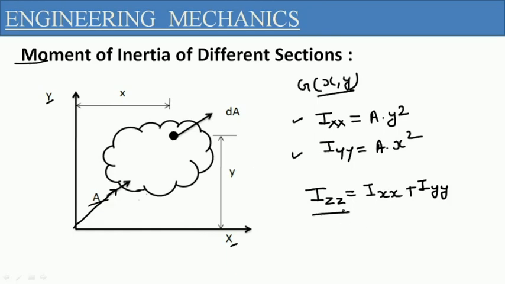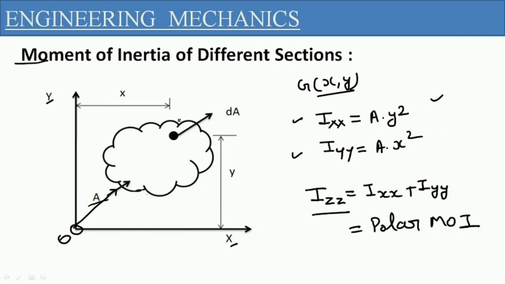So this third axis we are considering the zz axis, and it should pass through the origin where the x-axis and y-axis are passing. So the intersection point of all three axes should be the same origin point. So this Izz will be the summation of moment of inertia about x-axis and moment of inertia about y-axis. This is called polar moment of inertia. So this is the concept of moment of inertia.